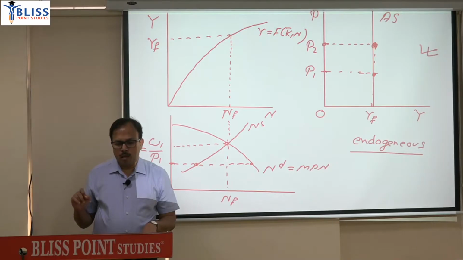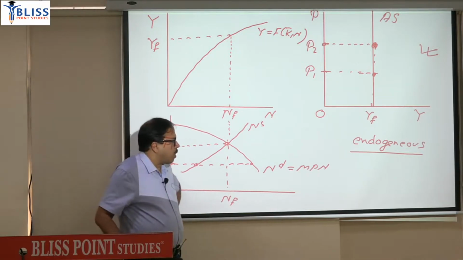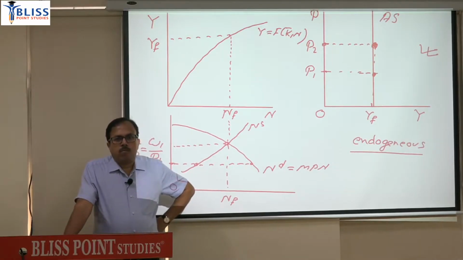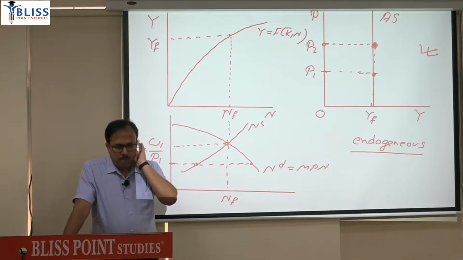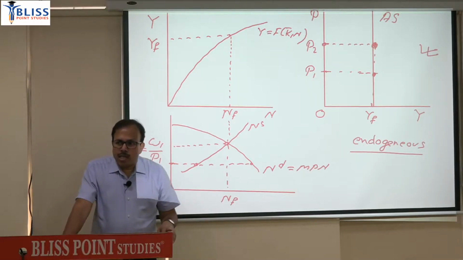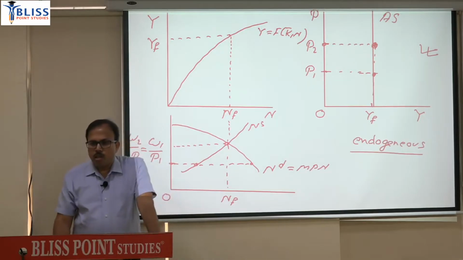As a result, employment and output will remain the same. This explains why the classical aggregate supply curve is vertical.